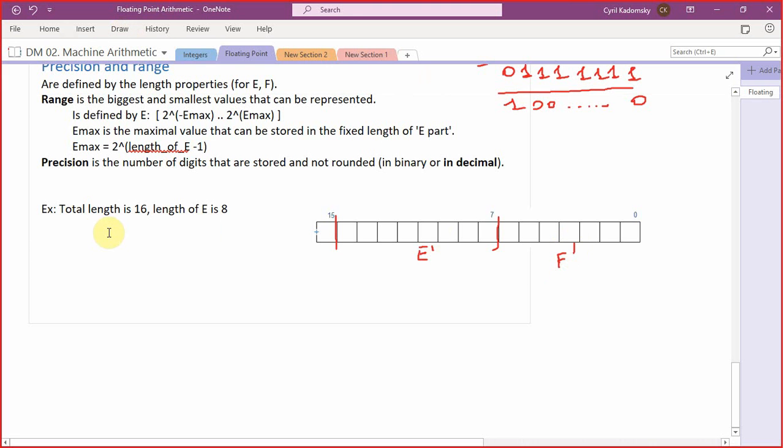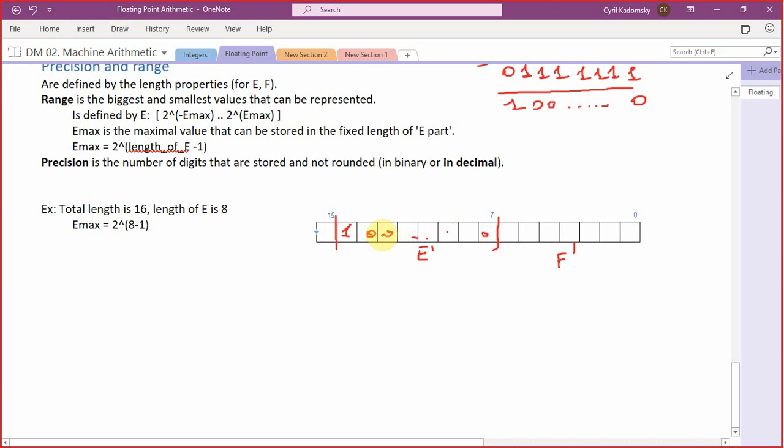And the maximal exponent that we can store here is 2 to the power of 8 minus 1. This number is nothing more, nothing less than this: 1, 0, 0, and so on, 0. We cannot store more because to this number we must add the bias.